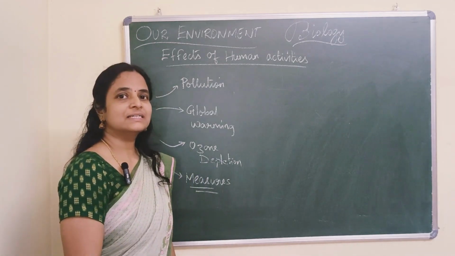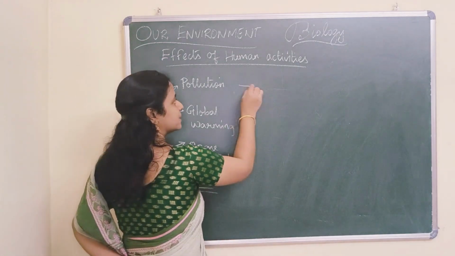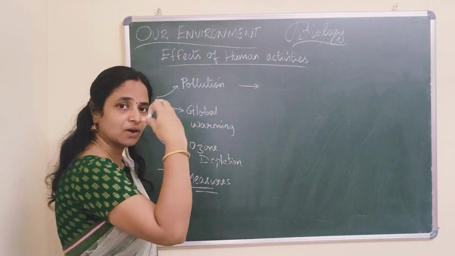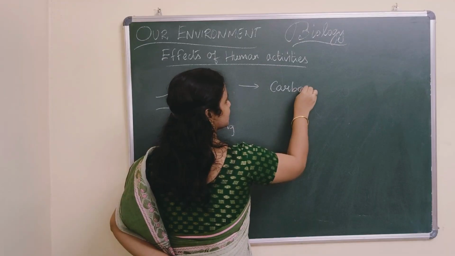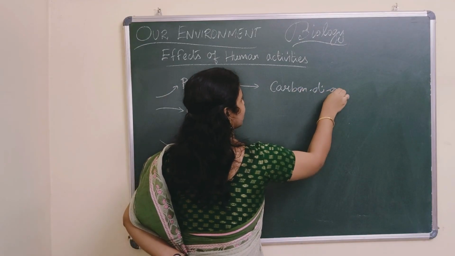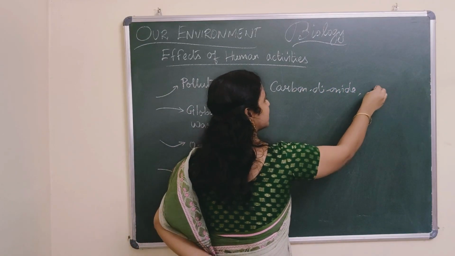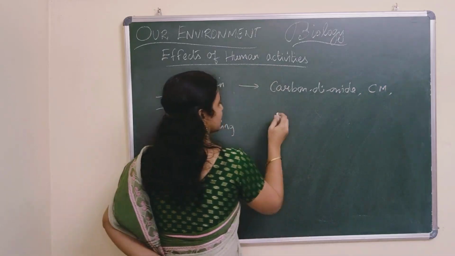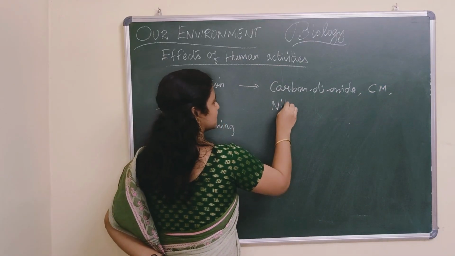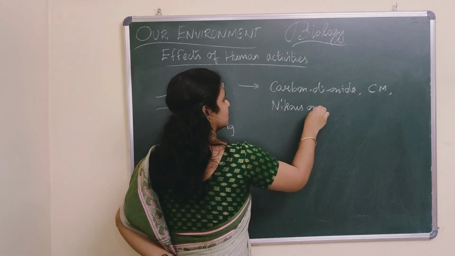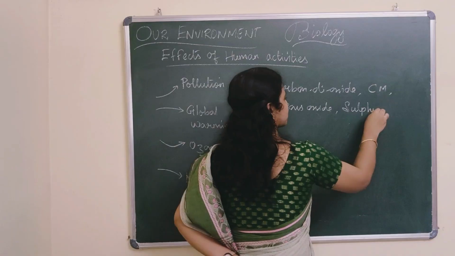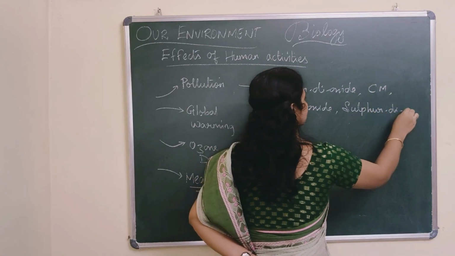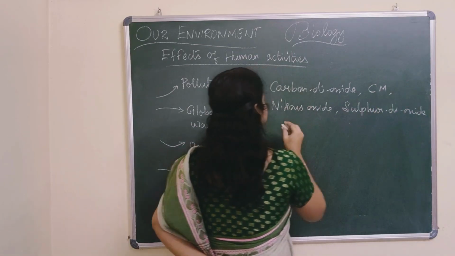So greenhouse gases are gases that are emitted from vehicles or industry. Say for example, gases like carbon dioxide, carbon monoxide, nitrous oxide, sulfur dioxide, CFC.